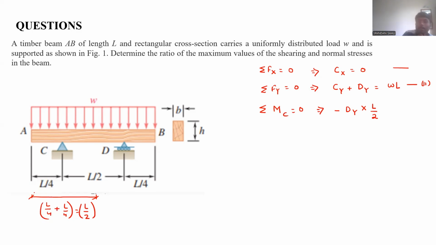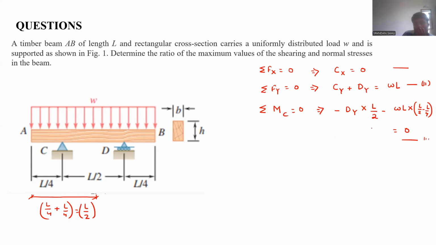Is this equation clear to everyone? Let this be equation 3.